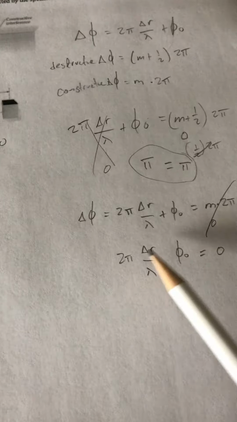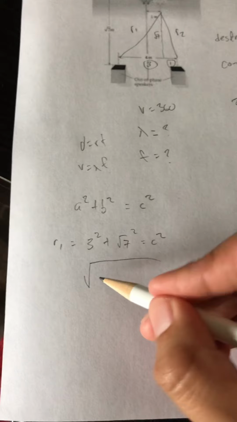So how do we solve for triangles? We know a squared plus b squared equals c squared. What we can do from here is R1 equals a squared, which would be 3 squared, plus b squared, which would be square root of 7 squared, equals c squared. Or we could just put that all under the square root to get rid of the squares.